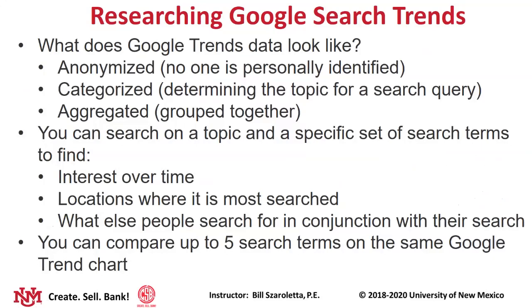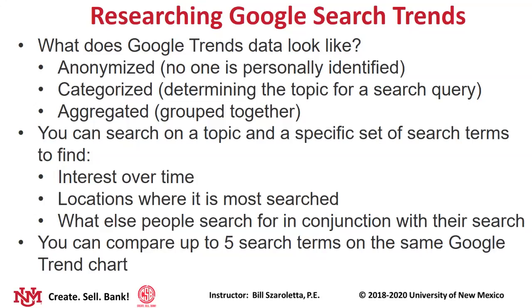So what does Google Trends data look like? It's anonymized, so no one's personally identified. It's categorized, and so it determines the topic, makes its best guess of the topic for a search query, and it's aggregated, meaning it's grouped together.